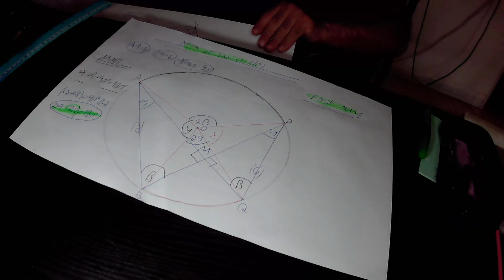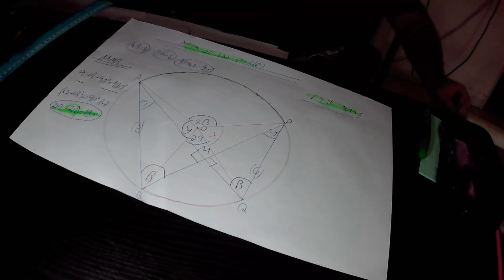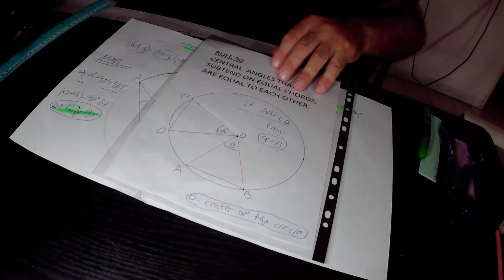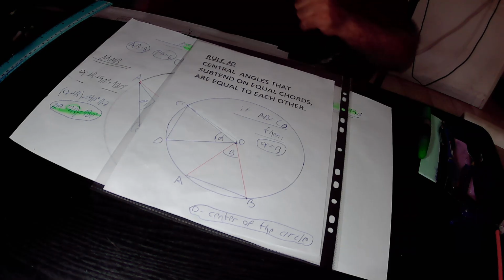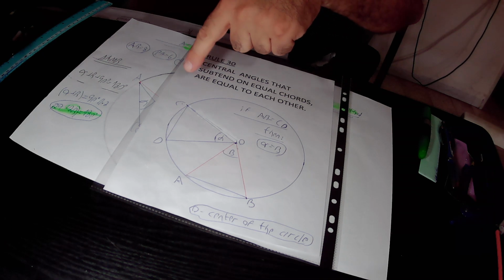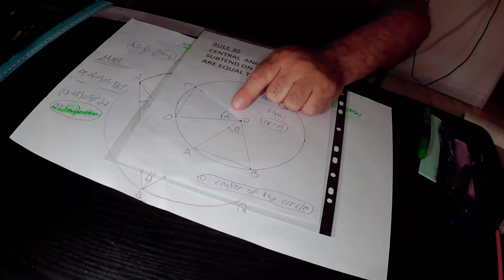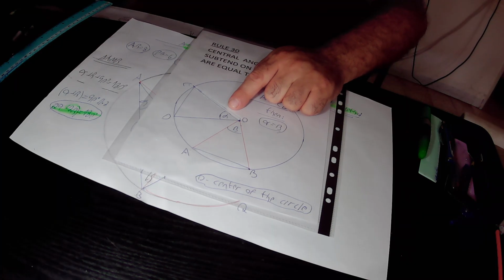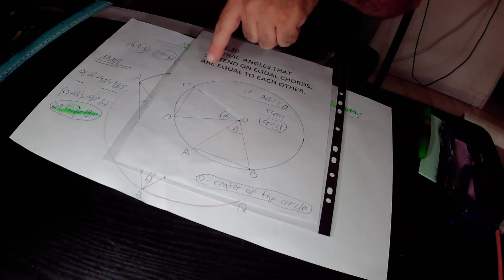In the next step, I presented to you Rule 30, and we implement Rule 30 in our drawing. According to Rule 30, center angles that subtend on equal chords are equal to each other. In the drawing we have a circle, we have center angle COD equal to alpha degrees in size, and it subtends on chord CD.